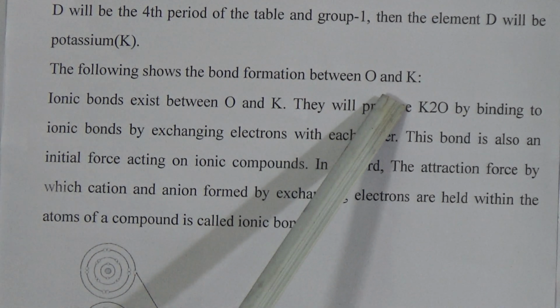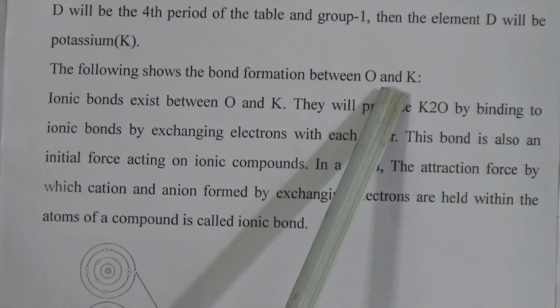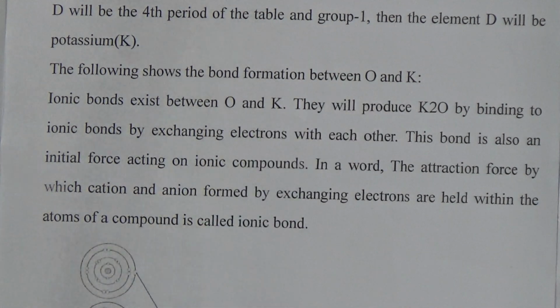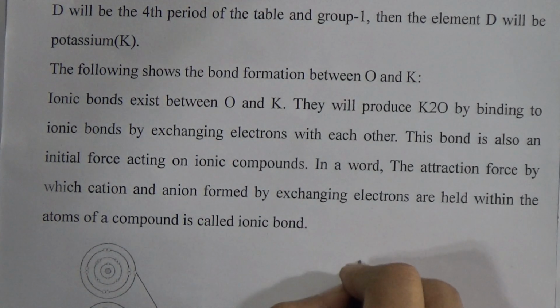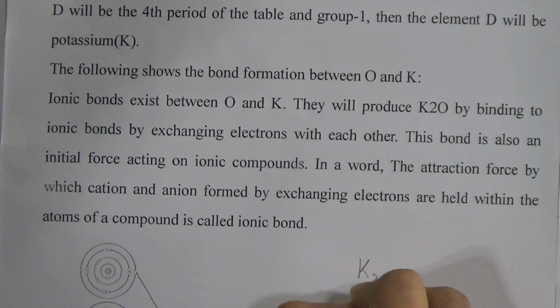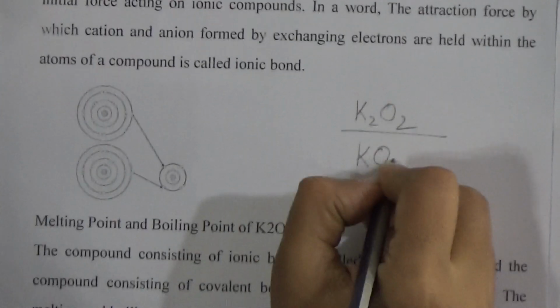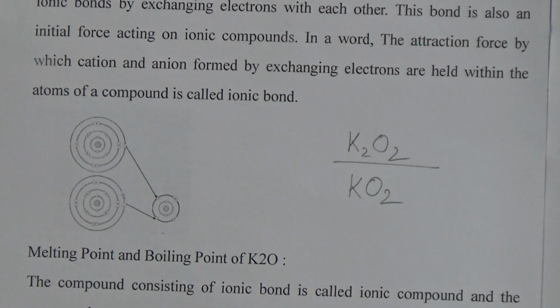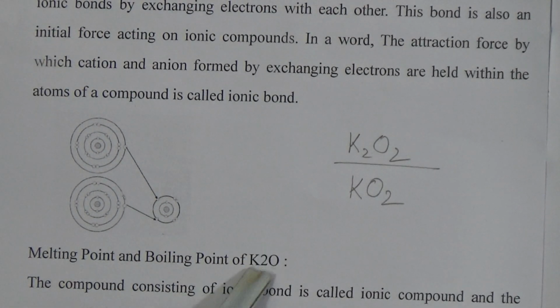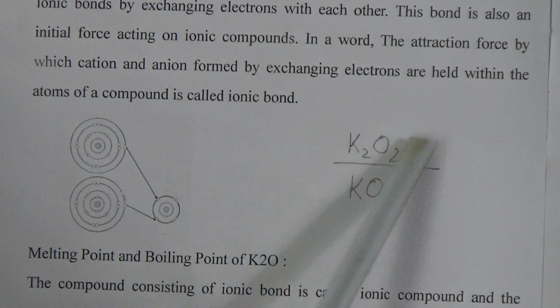Here I show K2O, but there are more. This is potassium peroxide, and another one is KO2, potassium superoxide. That means there are 3 compounds of potassium and oxygen.